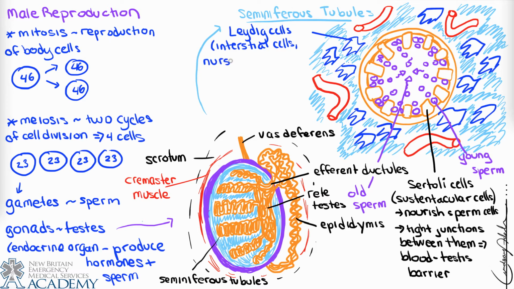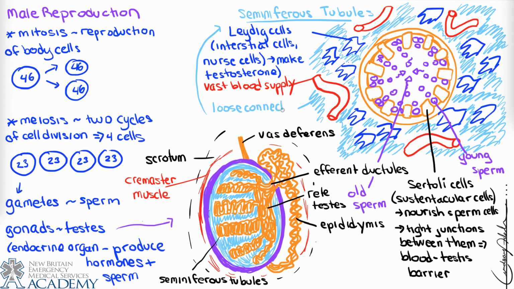Surrounding the seminiferous tubules, we have a connective tissue space, and in here we have Leydig cells, which are also called interstitial cells or nurse cells. Their primary function is to make testosterone. And then, of course, we also have a vast blood supply, which is important. And then finally, it's basically loose connective tissue that sits around them.